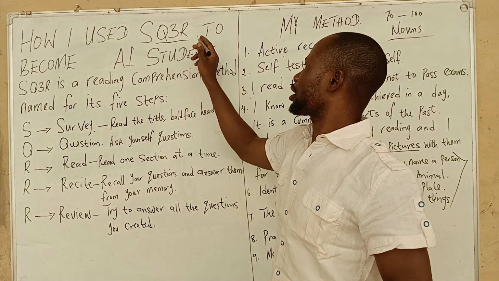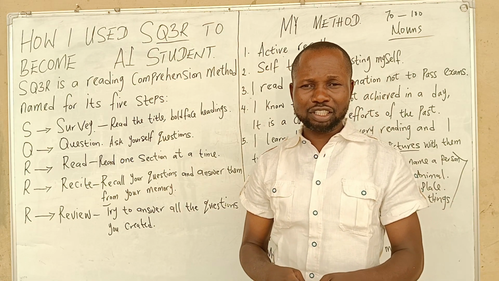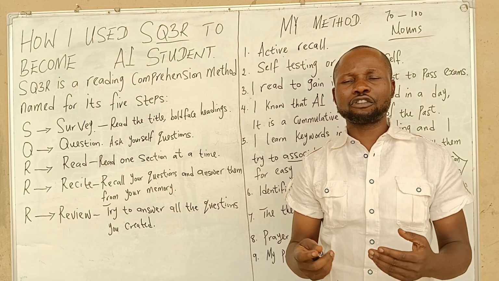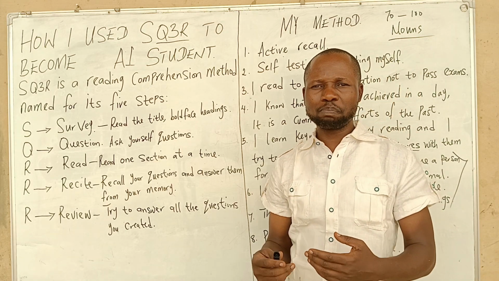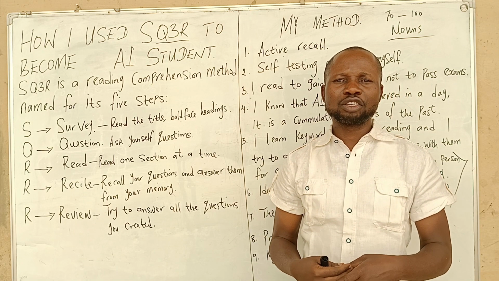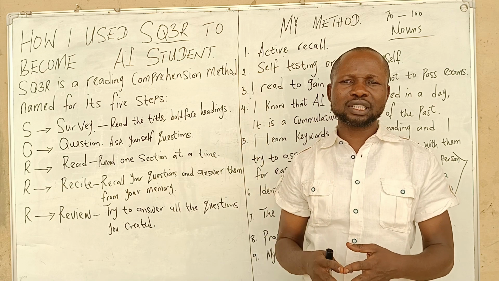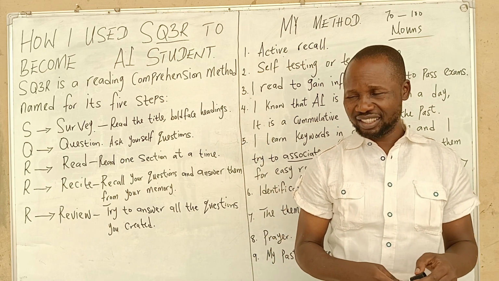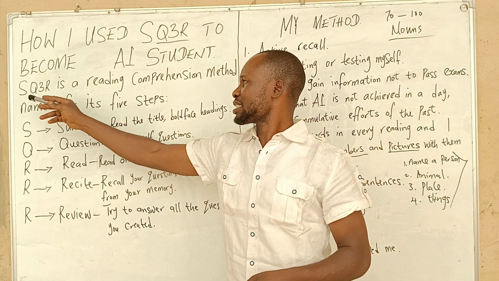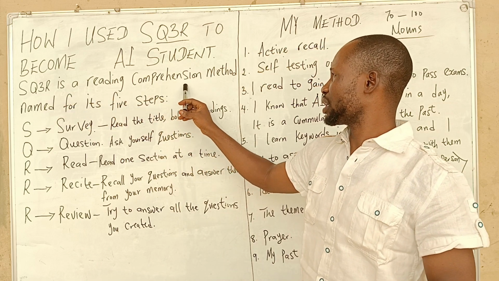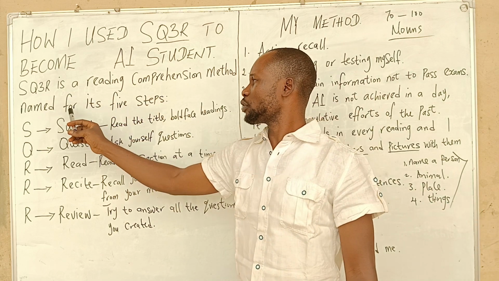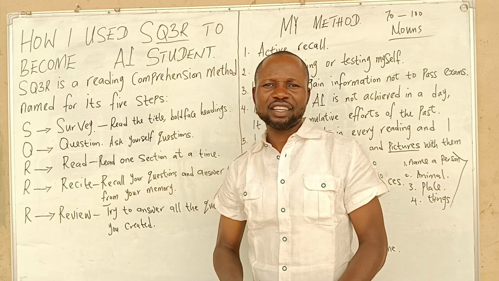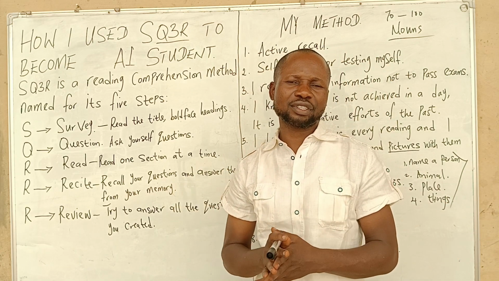SQ3R is just an acronym. What is an acronym? An acronym is a situation by which the first letters of words are picked to form another word. So SQ3R is a reading comprehension method named for its 5 steps. Yes, they are just 5 steps.